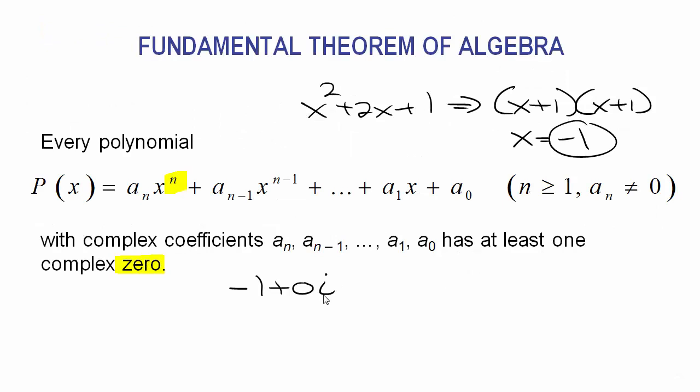Which is kind of what this is saying when it says every polynomial has at least one complex zero, again, because we know that the number of zeros is equal to the power, the degree of the polynomial. And so it has to have at least one as long as our power is at least one.